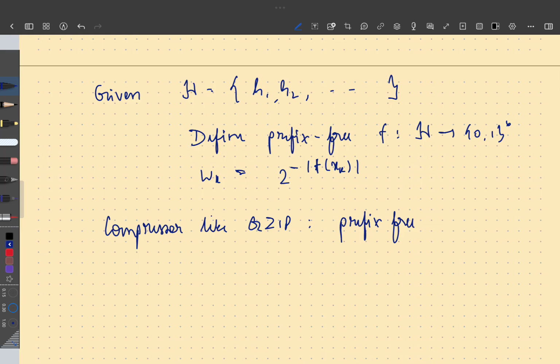Suppose you had a description for each of these predictors in some language, some way of describing it in a prefix-free language. Then the weight function essentially tells you how long the description is. The longer the description, the more complex the predictor is.